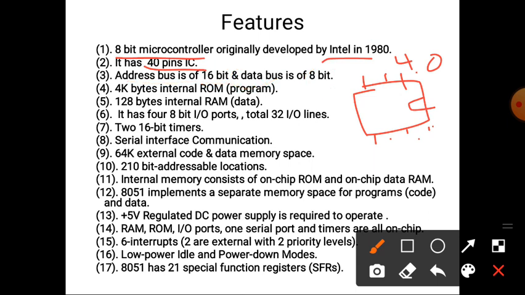And there is a program memory. There are two types of memory, program memory and data memory. Here the program memory is stored in ROM and its size is 4 kilobytes. And internal data, that is data memory, is stored in RAM and its size is 128 bytes.